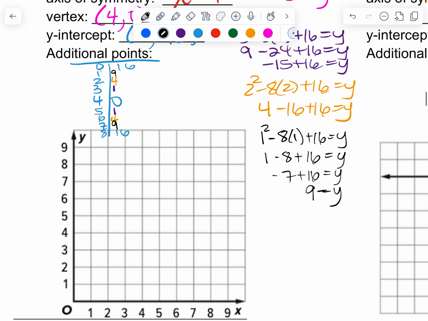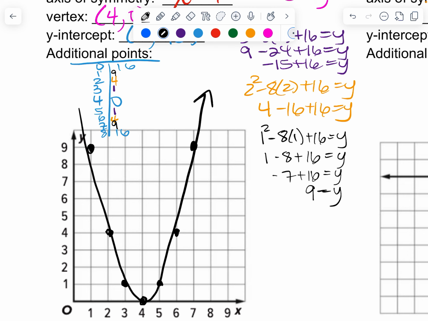Okay, so if I plug this in, so 4, 0. And then I have 5, 1 and 3, 1. I have 6, 4. And I have 2, 4. And I have 7, 9. And 1, 9. And there we have it.